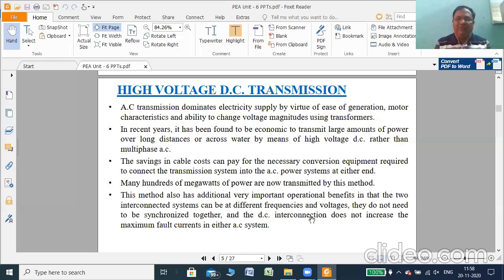Then a high value of inductor. Basically this forms an LC filter, L and C. So there is an LC filter at the output of the transmitting station as well as at the input of the receiving station. This is the filter circuit.